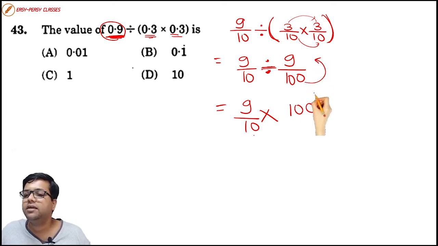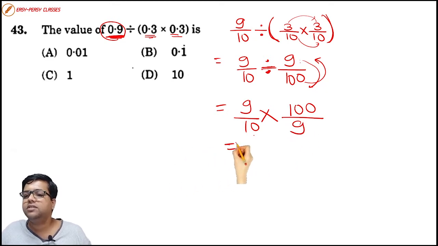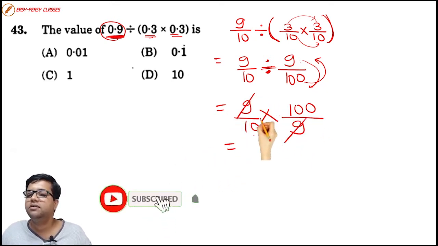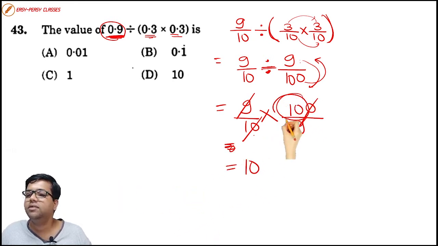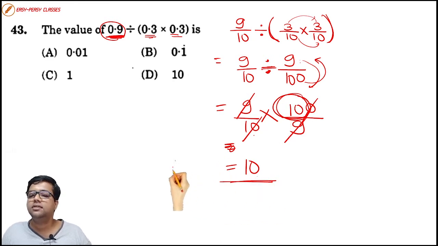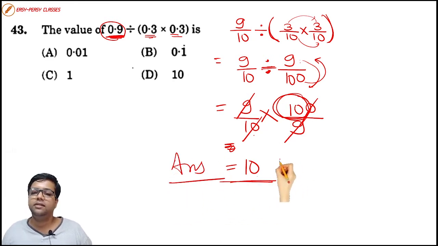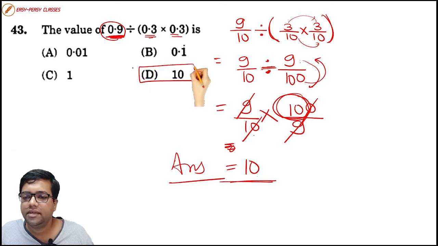That means 100 will come on the numerator part. 9, which is the numerator, will come to the denominator. Now it is quite easy to cancel over here. See, what are you left with? You are left with number 10. Only 10 number is left here. So the answer is 10. So option number D is the right answer.